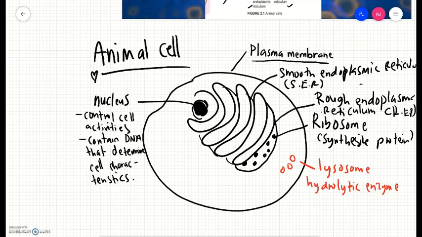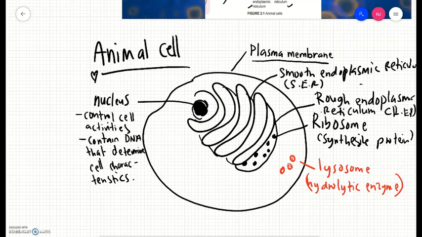The function of this enzyme is to break down bacteria and components of damaged cells. Maksudnya sel-sel yang rosak atau bakteria akan dihancurkan, akan dimusnahkan oleh lysosome. Kenapa lysosome? Because it contains hydrolytic enzyme.